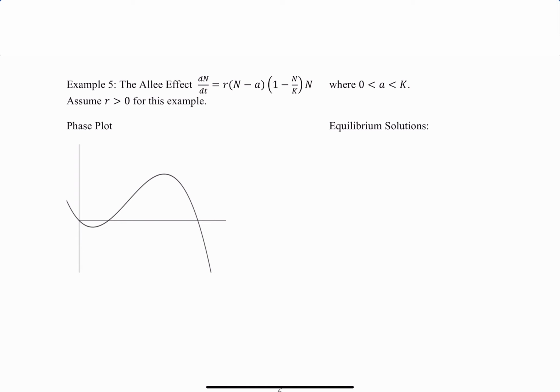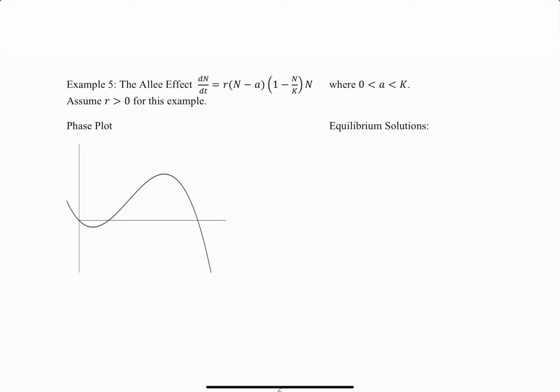This might happen because, for example, if the population is too small, then individuals might have difficulty finding mates for reproduction. Once again, I've obtained the phase plot from GeoGebra by putting numbers in for R, A, and K. Let's find what those equilibrium solutions are.